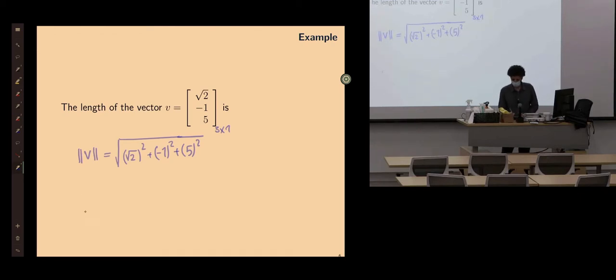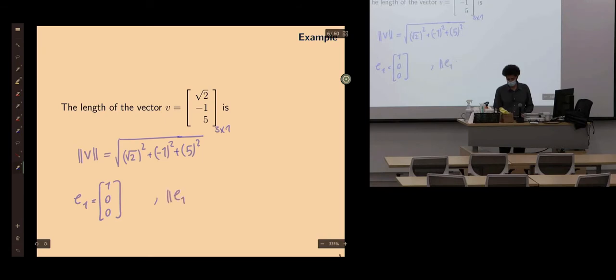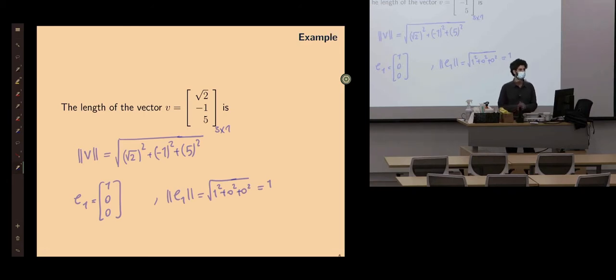Now, if you remember, I used to say this is a unit vector. At the time, we didn't have a notion of length. We just intuitively knew that we're moving one unit along one of the axes in 3D. Now, in fact, we can use this definition of length to check that this is a unit vector, because its Euclidean norm, its length, is 1 unit.